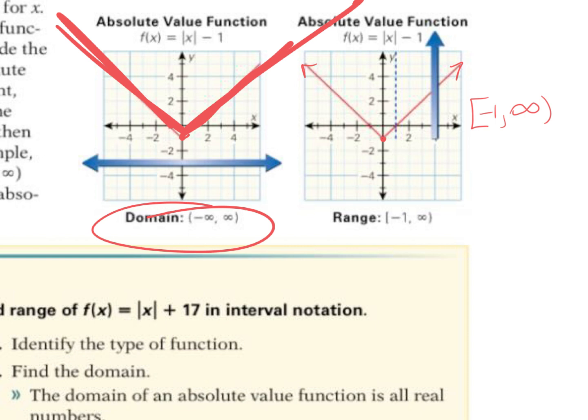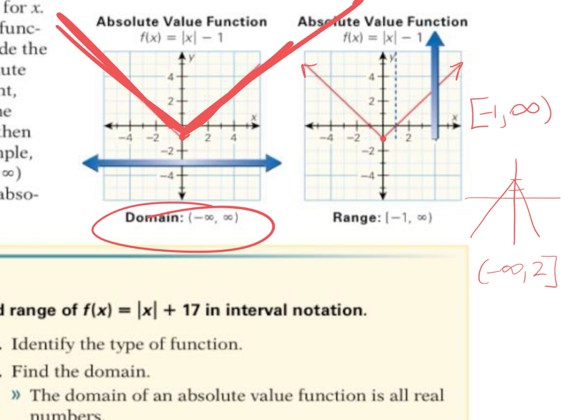Okay, but what if it was one that looked like this? Positive 2 to negative infinity. You have to go the other way. Negative infinity to positive 2. So just wherever that little vertex is.